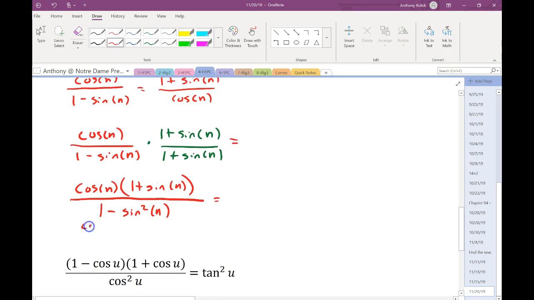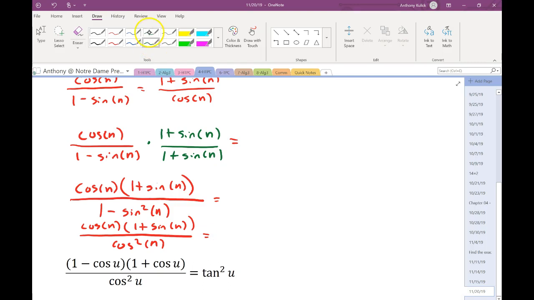Yeah, James says he recognizes 1 minus sine squared is the same thing as cosine squared. That's our modified version of P1. And then obviously we can reduce, and now we have the same thing. Ideally I would write one more line, but I ran out of space. But we were done there, right?